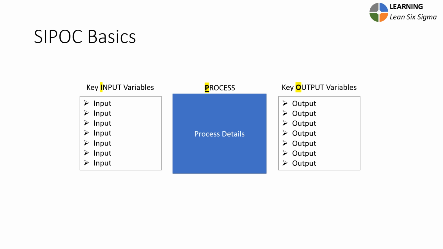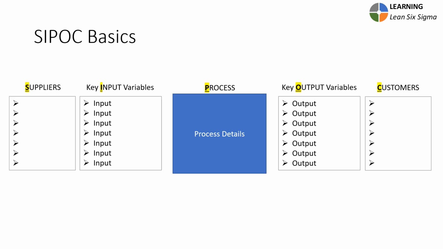Then our inputs and outputs have the S and the C in the SIPOC. So suppliers provide us the input variables, and then our customers are those who consume those output variables. And there you have the most basic view of a SIPOC diagram.